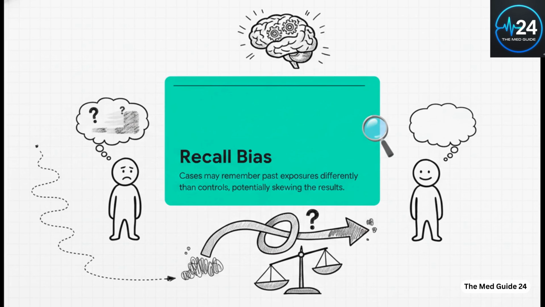See, someone who's sick, one of our cases, is naturally going to be thinking, why me? What caused this? They might search their memory and recall details that a healthy person, a control, would have totally forgotten about. It's not intentional, it's just human nature. But that difference in memory can create a false connection, a phantom clue that points you in the wrong direction and skews the whole investigation.